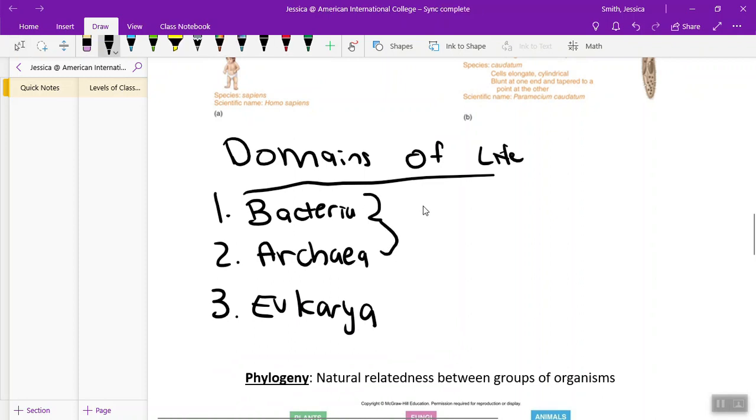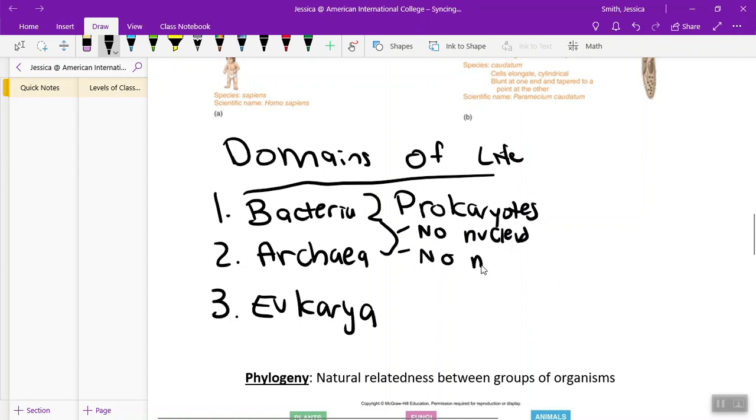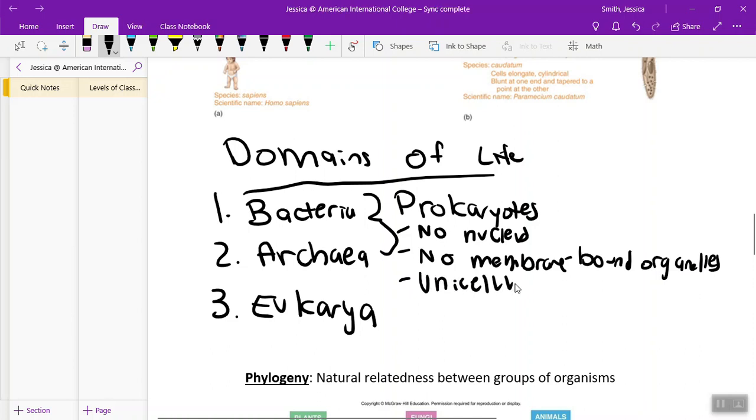Bacteria and archaea are both prokaryotes. Remember, prokaryotes have no nucleus. They have no membrane-bound organelles. And they're always going to be unicellular.